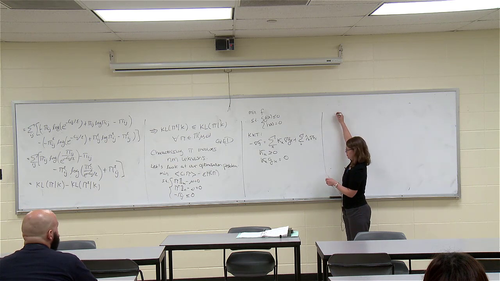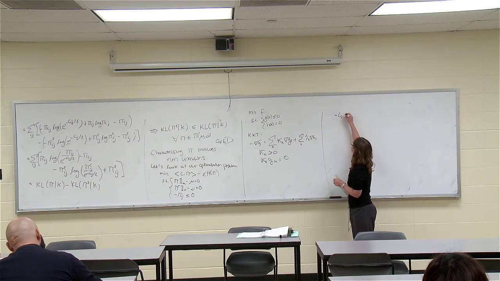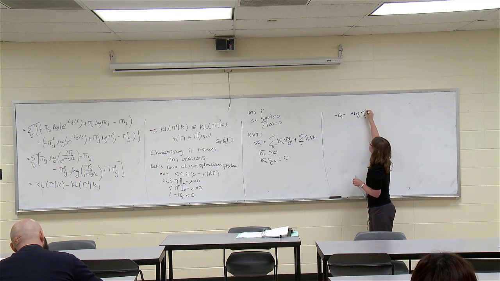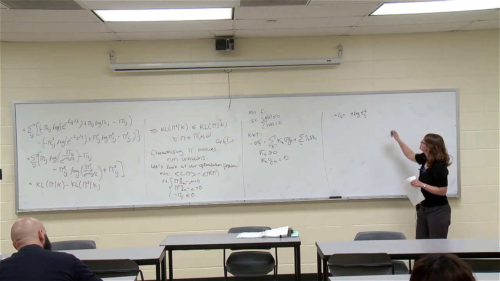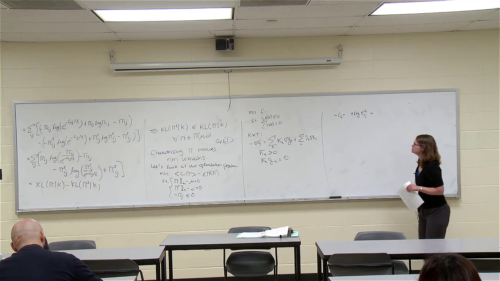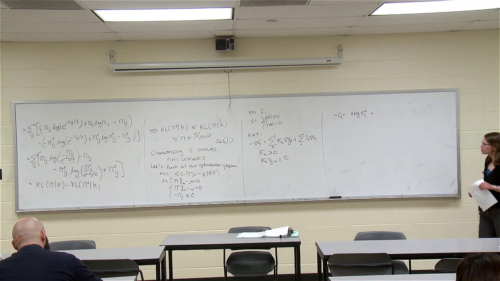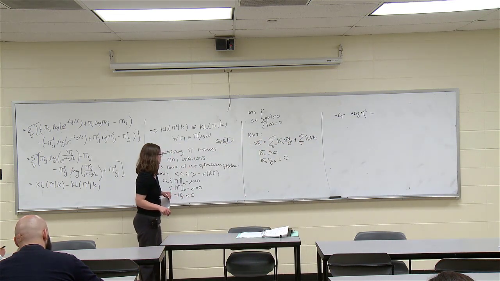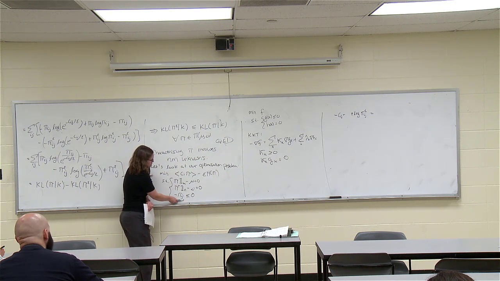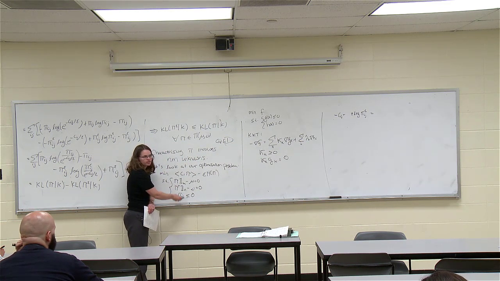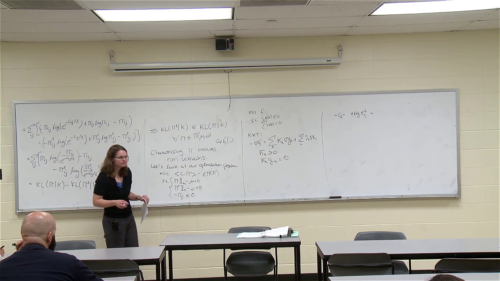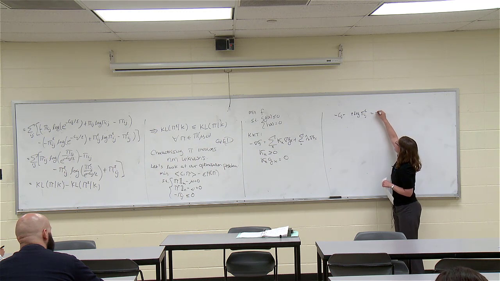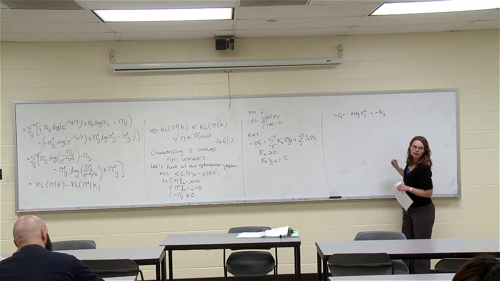Okay, so if I do it for my problem, I have minus Cij minus epsilon log pi ij. Okay, I take the gradient of my inequality constraints, right? I'm going to get a lot of 1s. Okay, so if I look at the ijth component, I'm just going to get a minus 1.